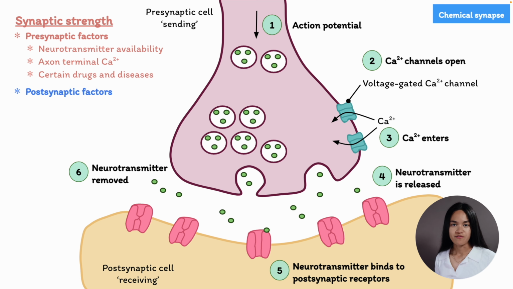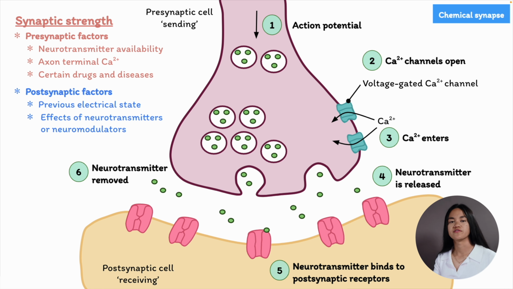What about postsynaptic factors? One factor is the postsynaptic membrane's previous electrical state, either excitatory or inhibitory summation. Secondly, different receptor types use different signal transduction mechanisms, which can have varying effects on the postsynaptic cell. Also, the ability of a specific receptor to respond to its neurotransmitter can change.